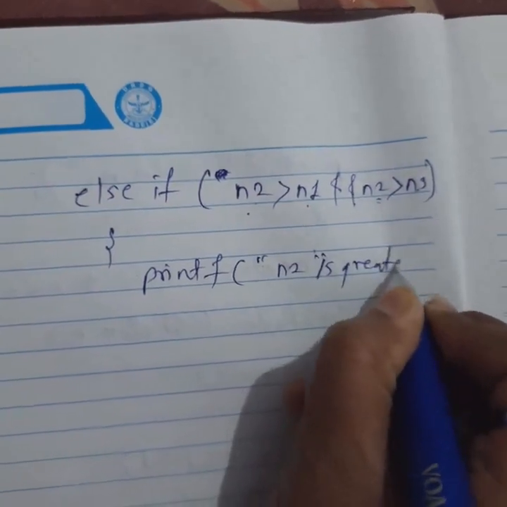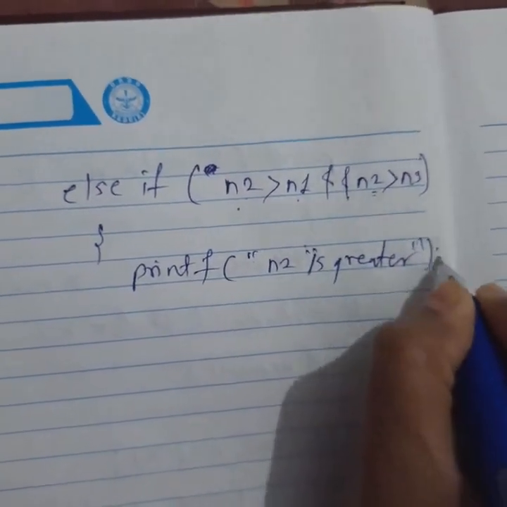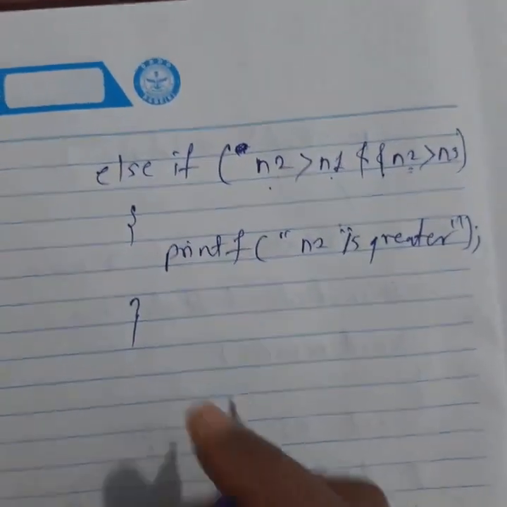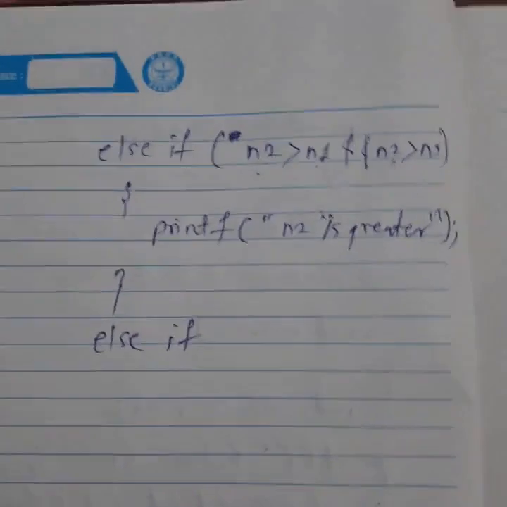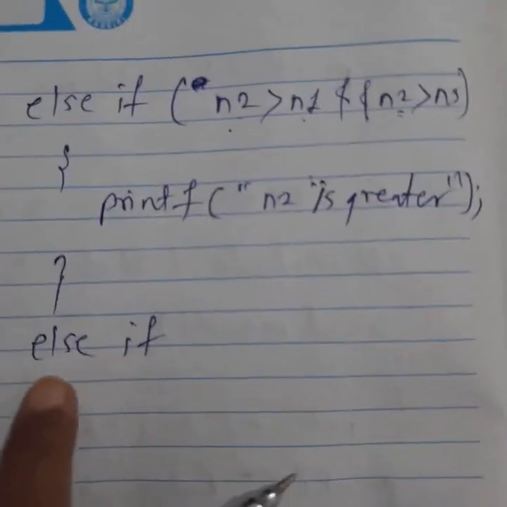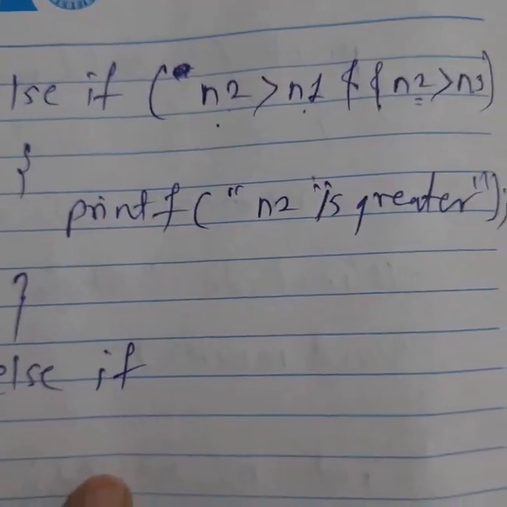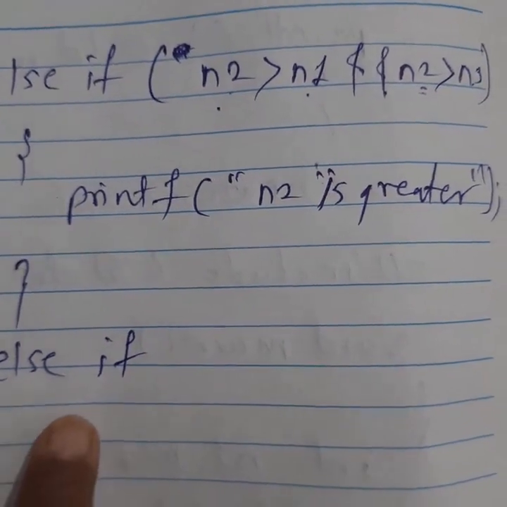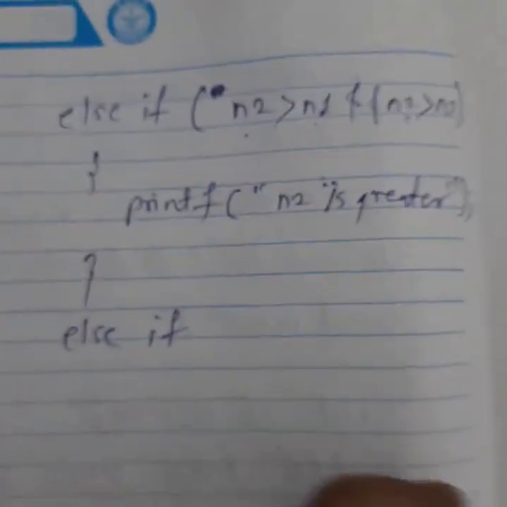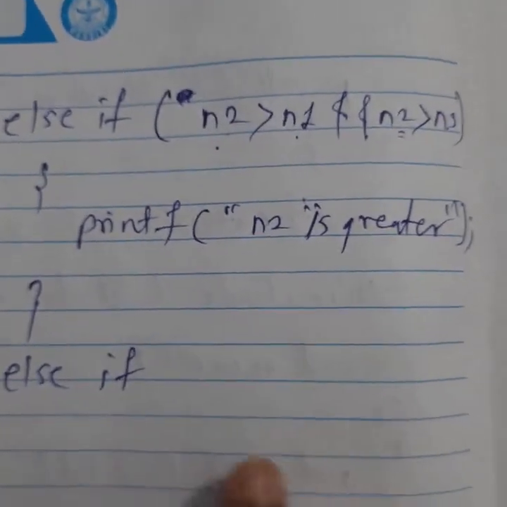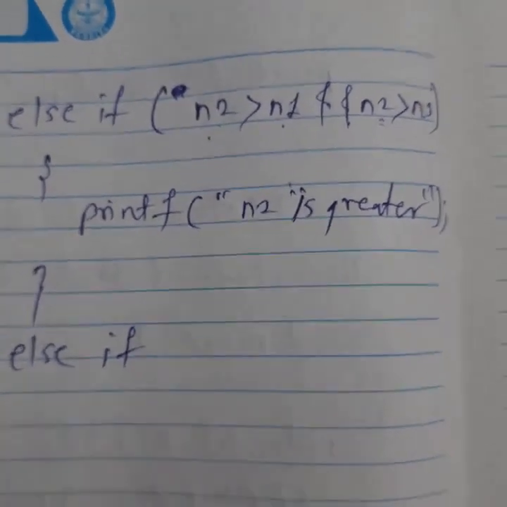After that, the new condition is for number 3. Again write else if. If your conditions increase, meaning more than 2 conditions, then you write else if. If there are more conditions, you write the else if statement again and again. If you have only 2 conditions, then you write only if and else.